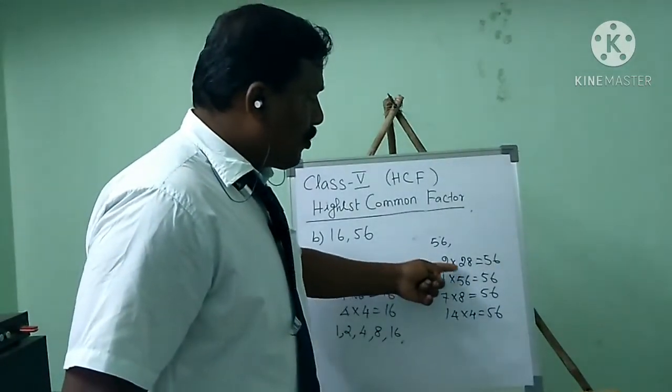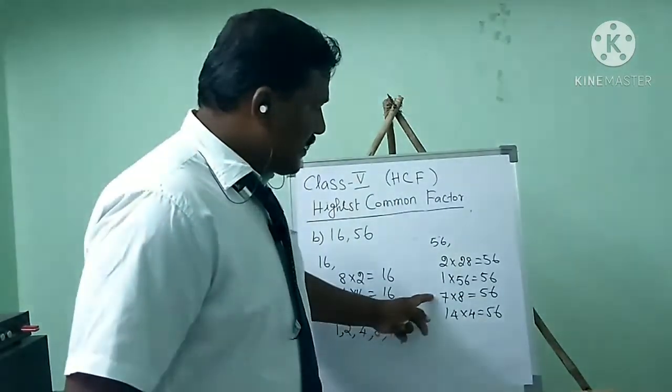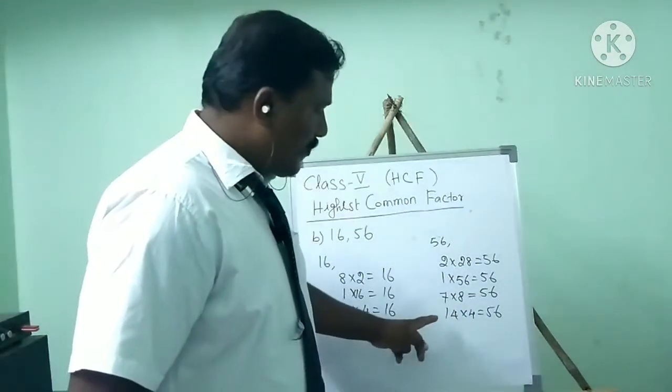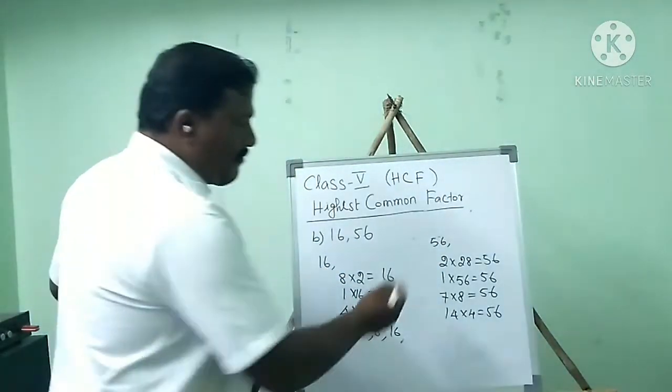See, 2 times 28 is 56, 1 times 56 is 56, 7 eights are 56, 14 fours are 56. So I have found the factors of 56.